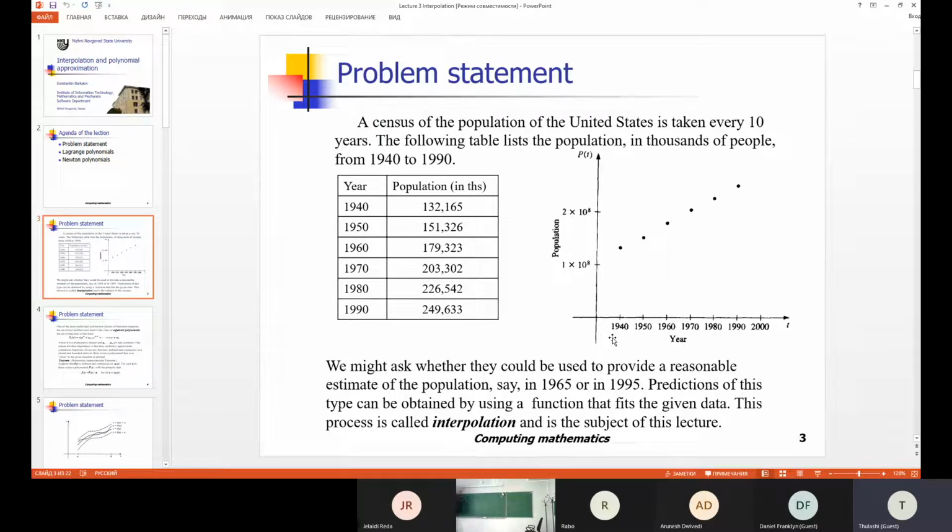You may see that in this example, these points do not lie on a straight line. So there is no line that passes through these points. But the points can also lie near some line.